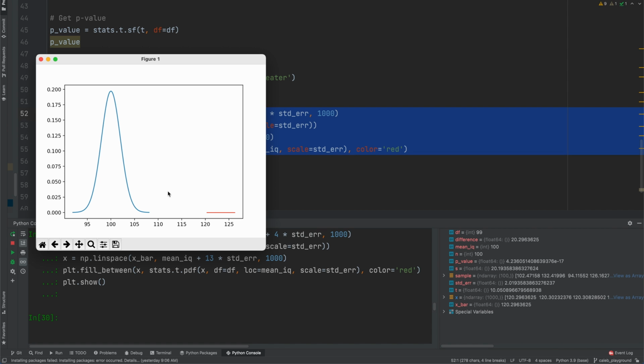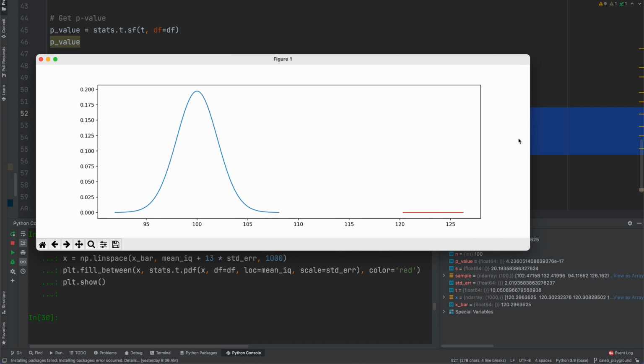And so essentially again what we're saying here is, what is the probability, given that I am taking every possible sample of 100, out of all of those possibilities, that my sample mean was bigger or equal to that 120-ish area?